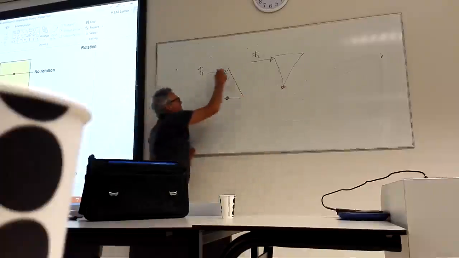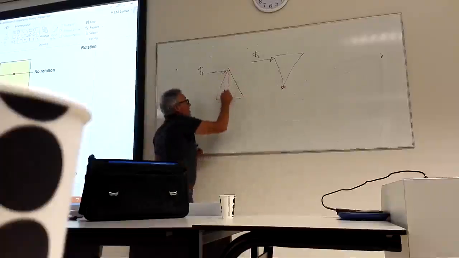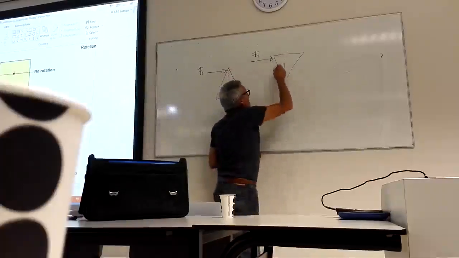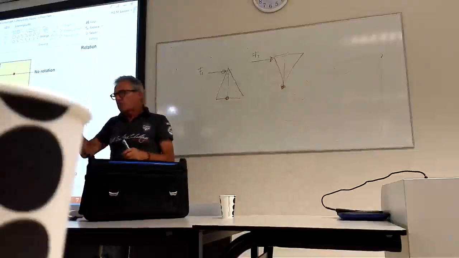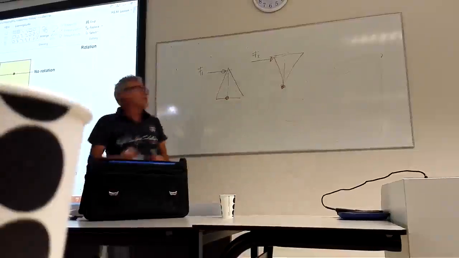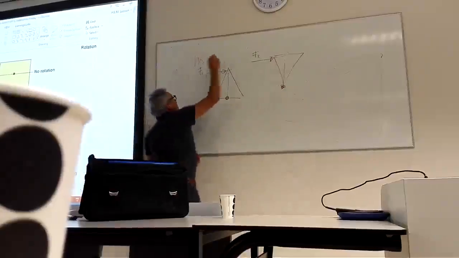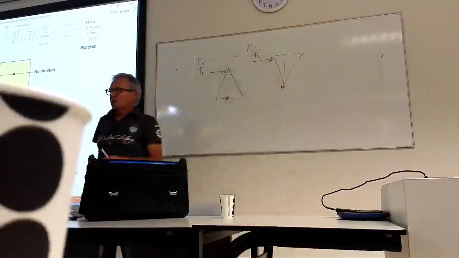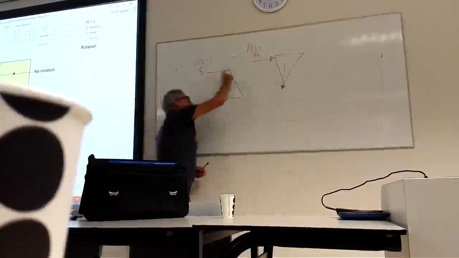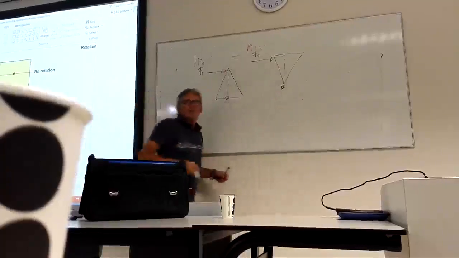This force has a lever arm, as you see, and this force has a lever arm, as you see. So force times lever arm 1 and force times lever arm 2 are equal. So moment 1 is moment 2. The moments are equal, and the object starts to rotate.